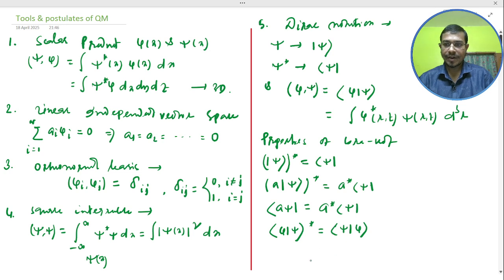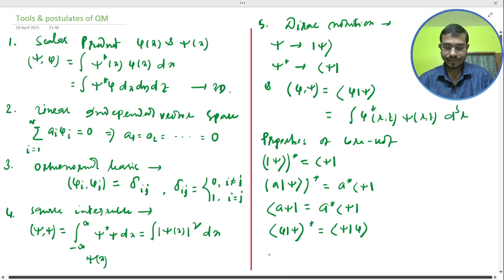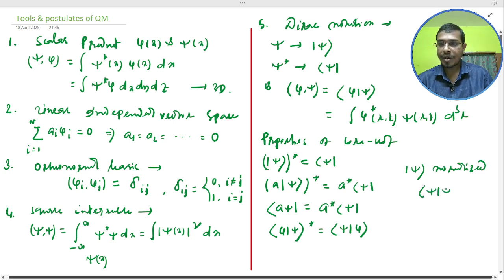And another most important one: suppose psi is normalized, that means the inner product of psi and psi is 1.